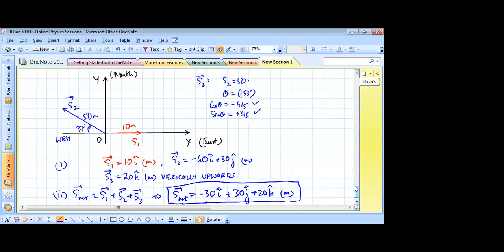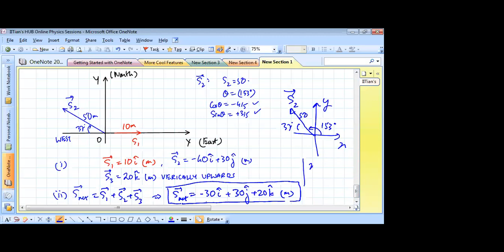Itanj, to understand the displacement S2, look at this diagram where I made S2's displacement. S2 is like this. This angle is 37. So the angle with the positive x-axis in the xy plane is 153 degrees. Okay, and its magnitude is 50.